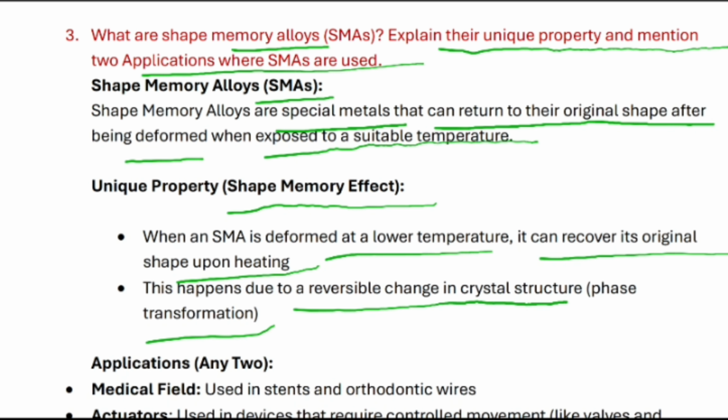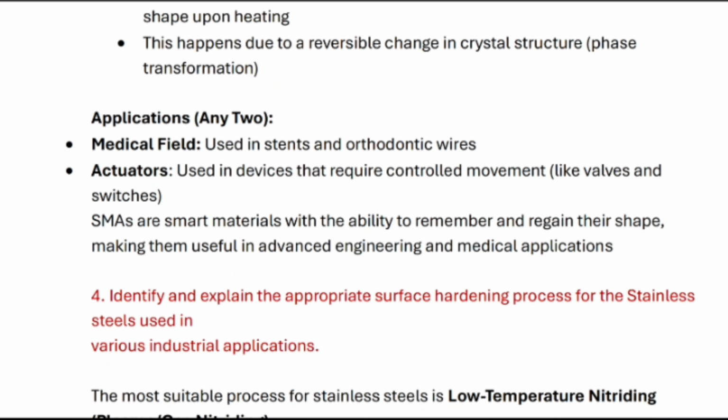Coming to the applications, we can use it in the medical field and for actuators. In the medical field, you can use it for stents and orthodontic wires. An actuator is a device that requires controlled movements, and we can use it in valves and switches.